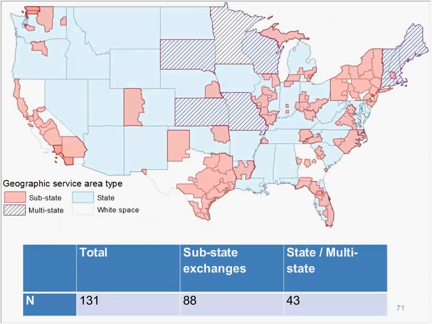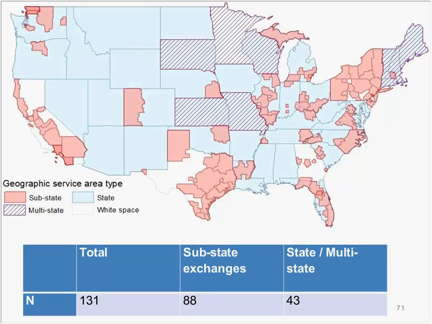And this is what the world looks like. I class the HIOs as either sub-state or state and multi-state together. That's a standard approach several evaluators have taken. A quick glance at this map of the self-reported world gives you an overview of some different approaches going on across the nation.